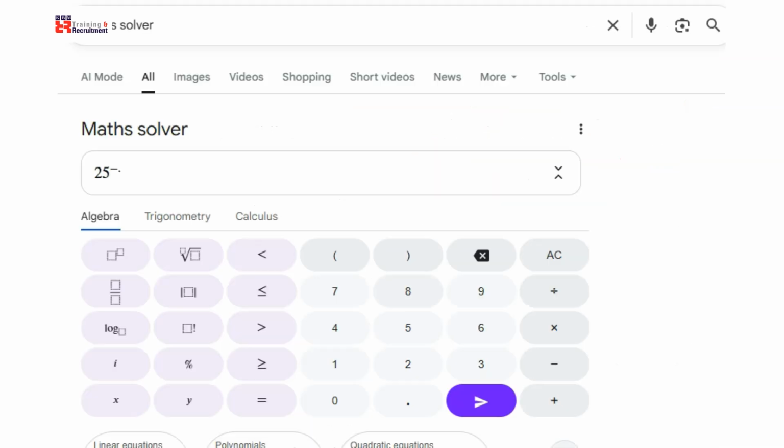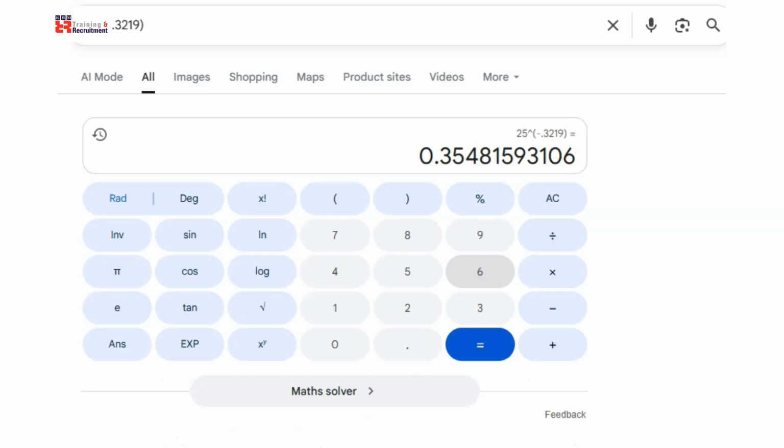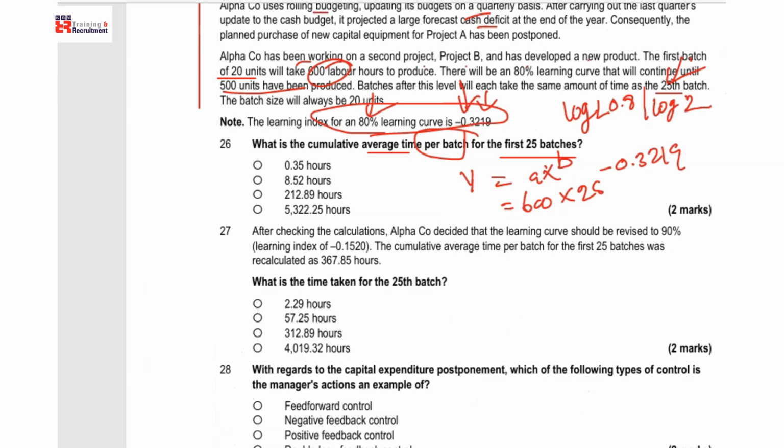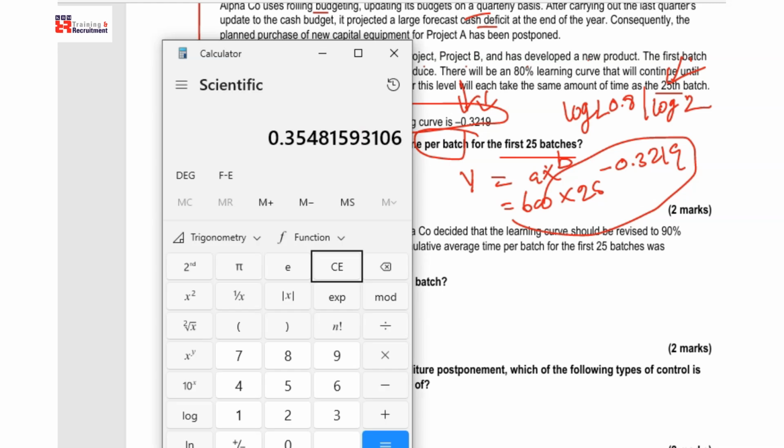Equals, yeah, remember this one, 0.35481593106. You need to multiply with 600, don't you? Multiply with 600.